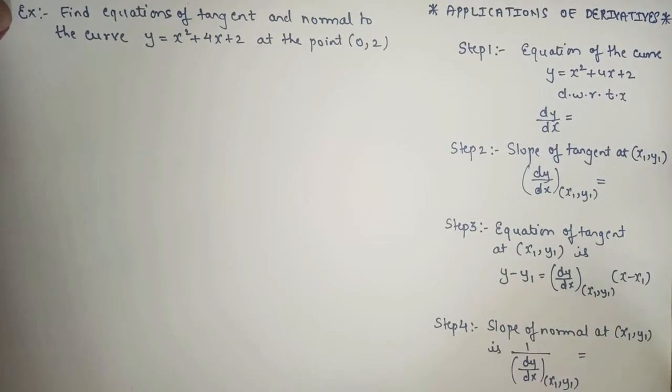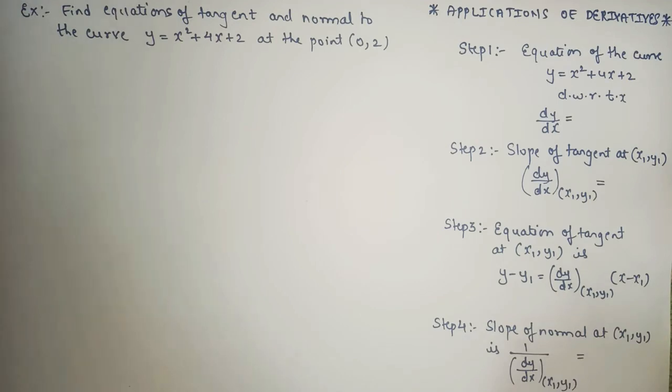This is chapter number 4 from Maths 1. It is a very important chapter from the board point of view, as well as the weightage of the chapter compared to other chapters of Maths 1 and Maths 2. The weightage and the marks are more. That's why this is one of the important chapters from Maths 1.